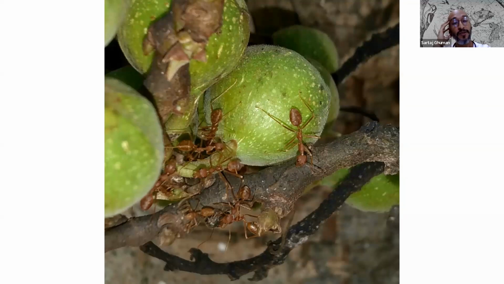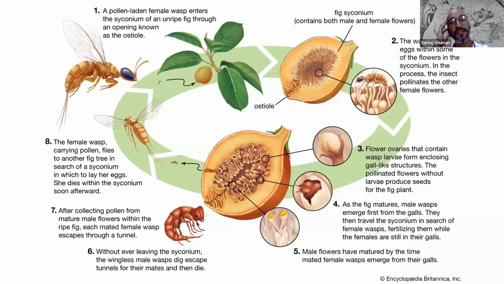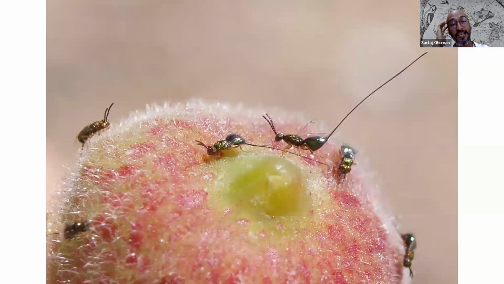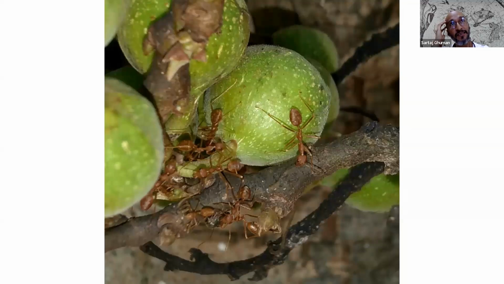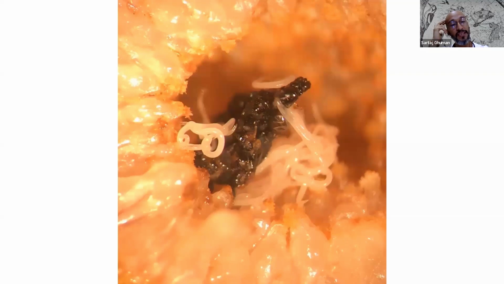However, the cool thing is that the pollinating wasps that enter the fig tend to escape the ants, while the parasitoid wasps that are laying eggs from outside get eaten proportionately more. So it keeps the ecosystem in check. As if this wasn't enough, you can keep going deeper and deeper. There are nematode worms that infest these wasps.